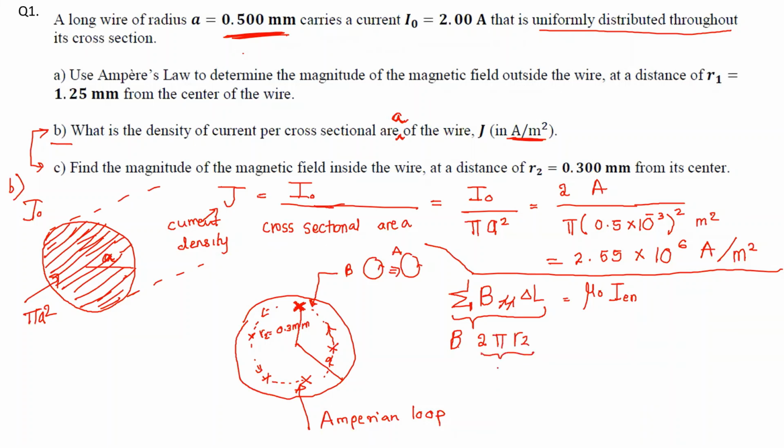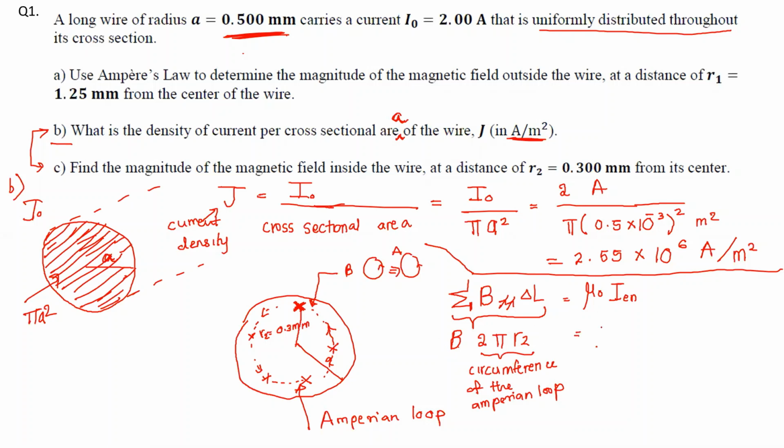This is the circumference, or the length, of the Amperian loop. If you compare this part with part A that we did before, you will see that this section is very similar.